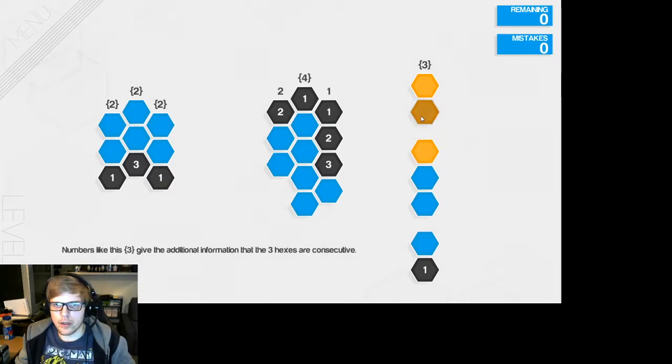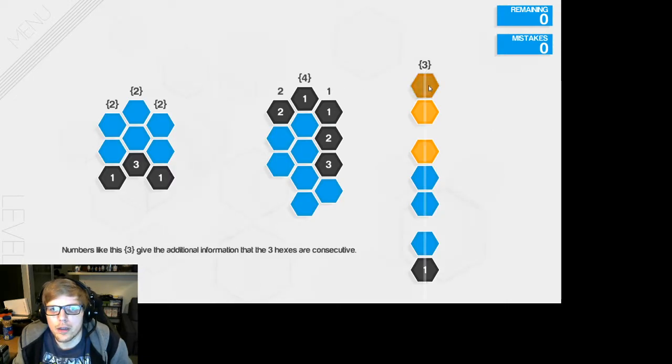But before we clear out this one, I did want to show one thing about these column markers. If you click on the number, whether it has a curly brace or not, there will be a line that goes down. And that line will show you all of the hexes within that.